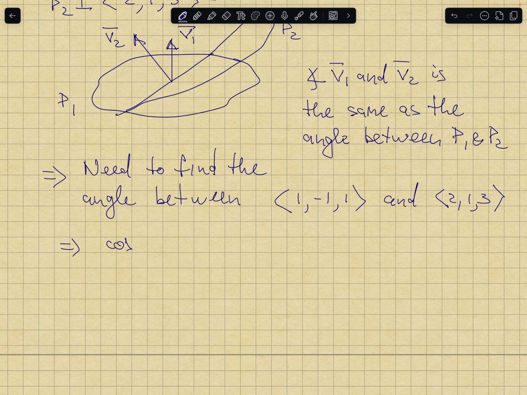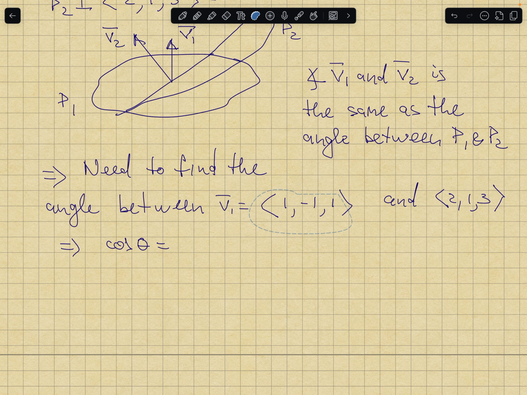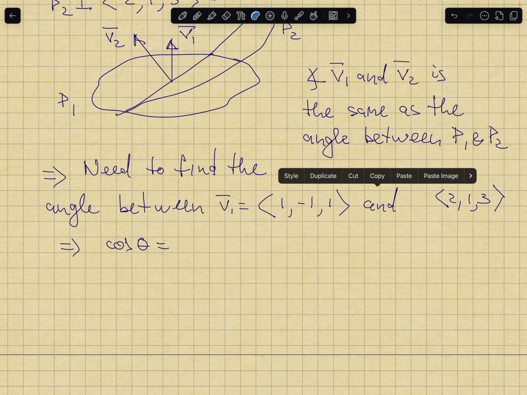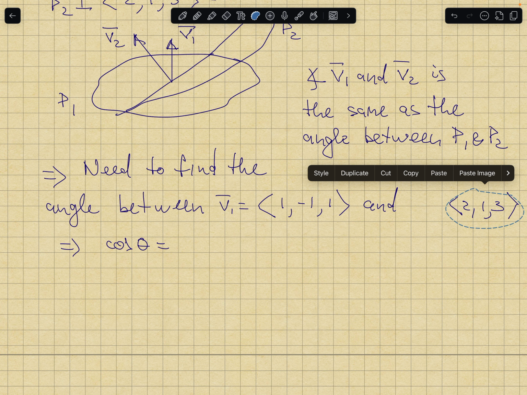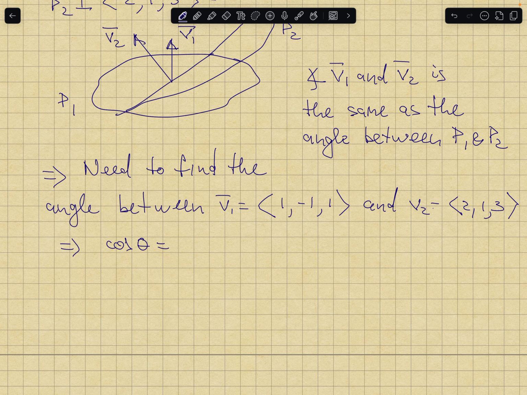So cosine of the angle, so let's give them names, between V1 and V2 is V1 dot V2 divided by the magnitude of V1 times the magnitude of V2. And so I just need to compute all of these quantities.